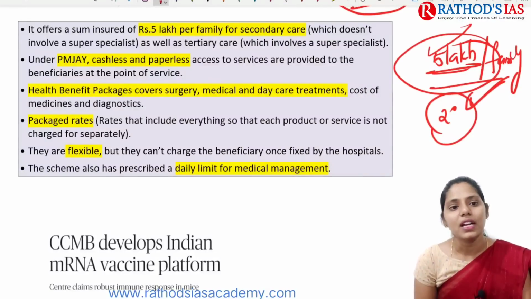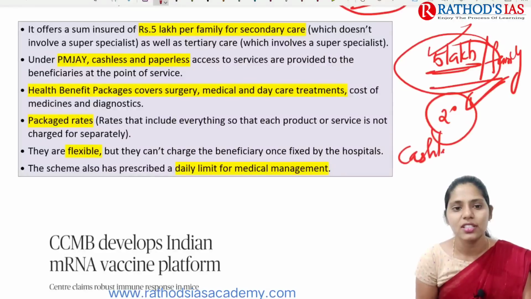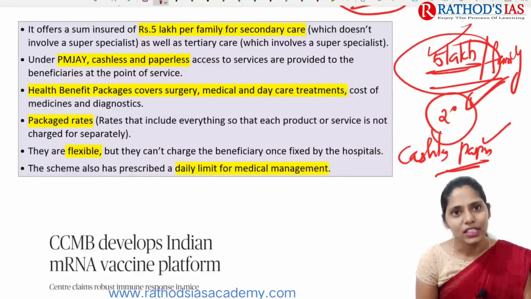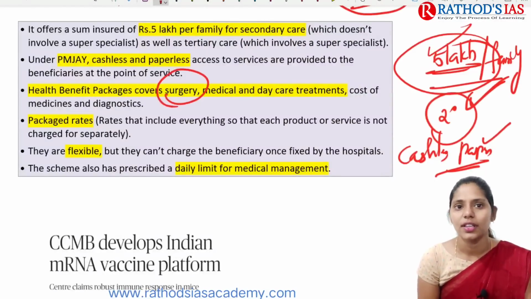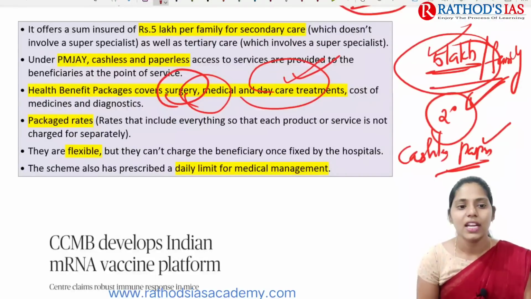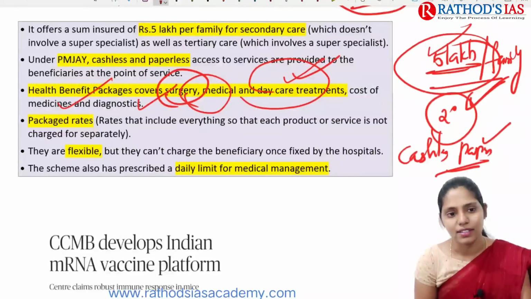Under this Pradhan Mantri Jan Arogya Yojana, there will be cashless and paperless access to the services, and these are provided to beneficiaries at the point of service. Health benefit packages cover surgery, medical and daycare treatment, and even the cost of medicines as well as diagnostics.